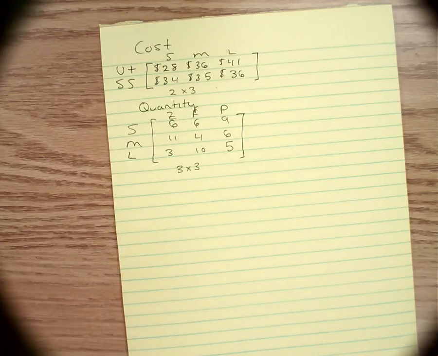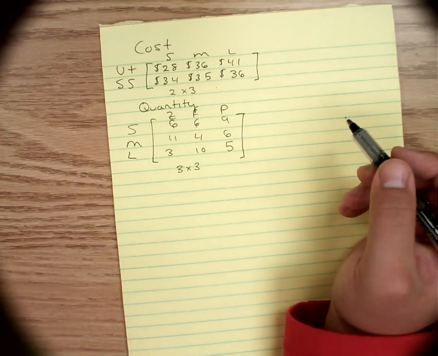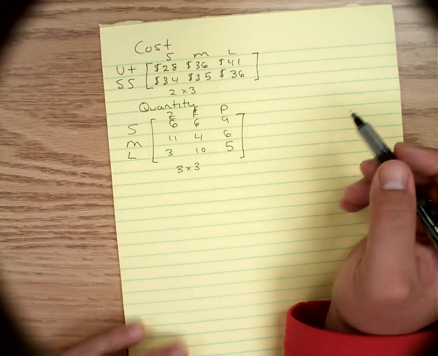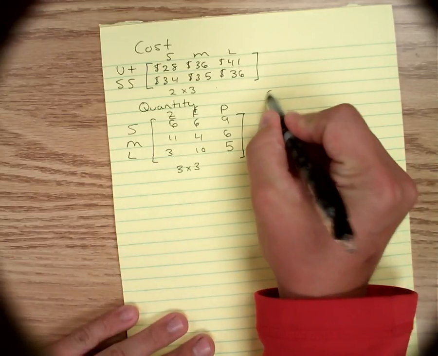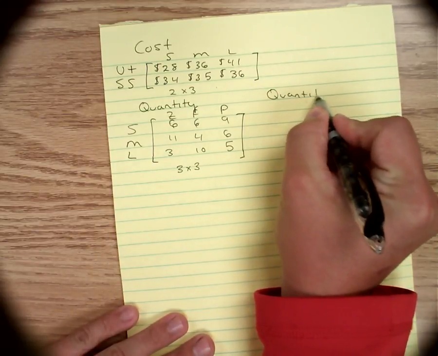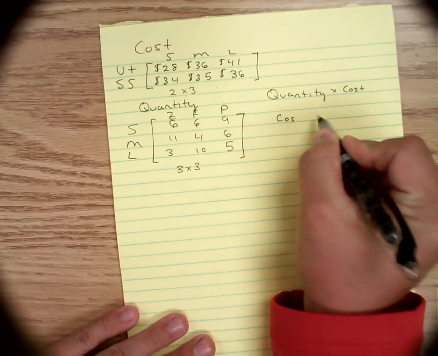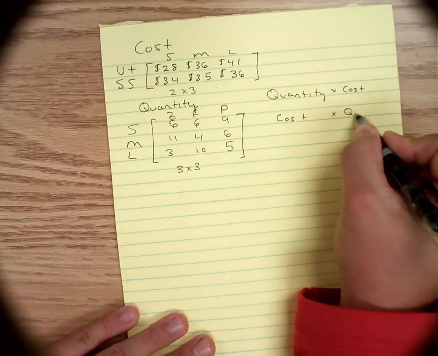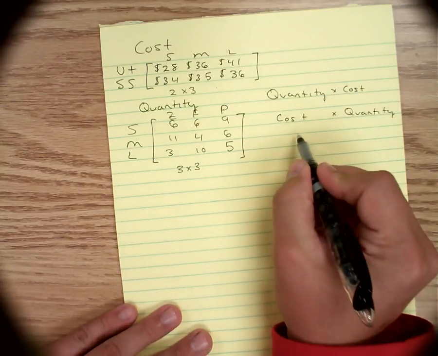What's the way you have to multiply these? Kaylee? Like, so first row times the first column. Okay, I know that, but in what order? For instance, can I do quantity times cost or cost by quantity? Cost by quantity? And how do you know that?